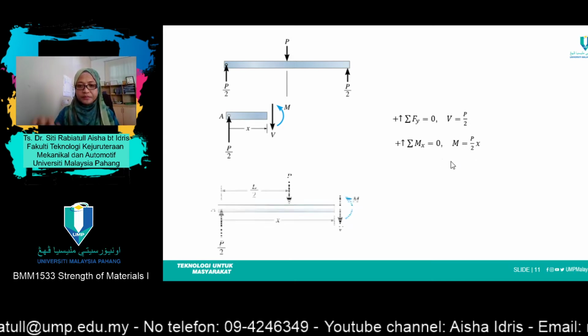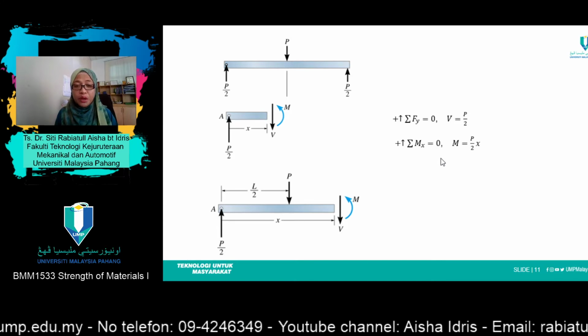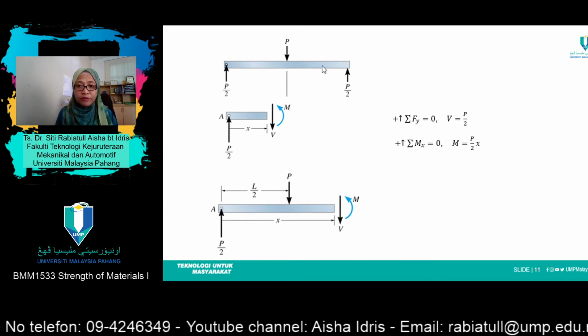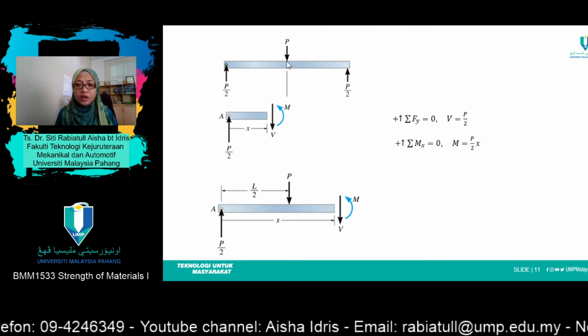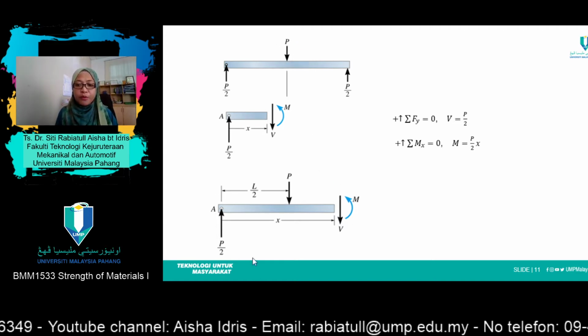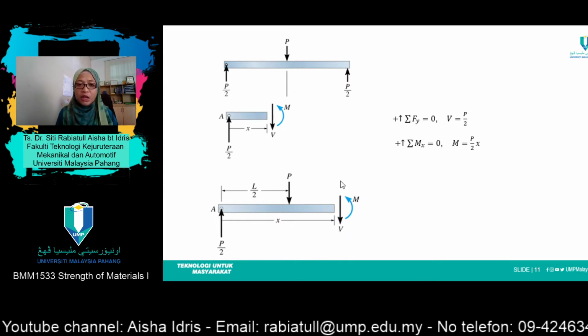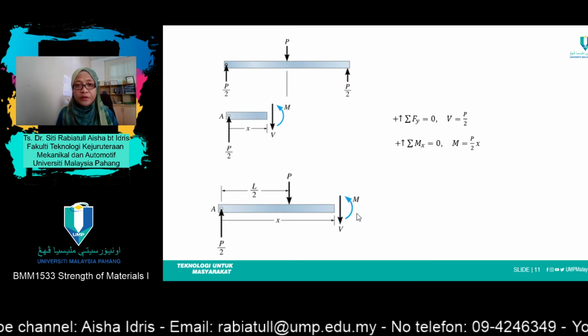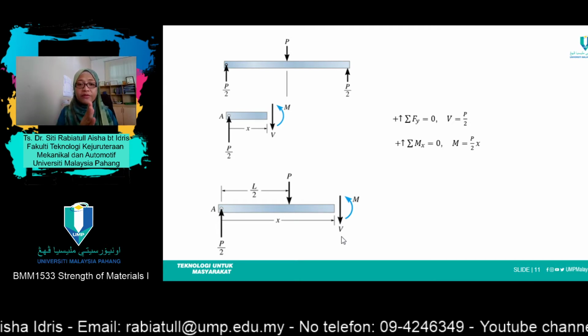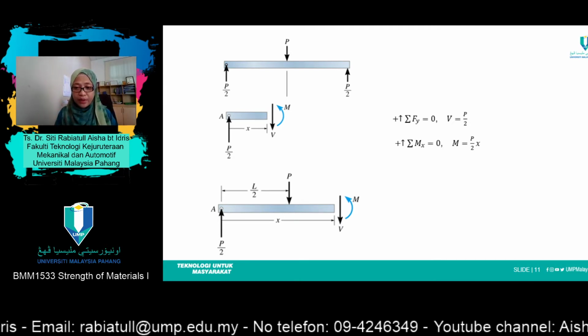Alright. Now, continue our cutting section, moving forward after the value of P here. Then draw the free body diagram. You see the sign convention for internal shear force and moment is still the same, because the cutting direction is still from left to the right.